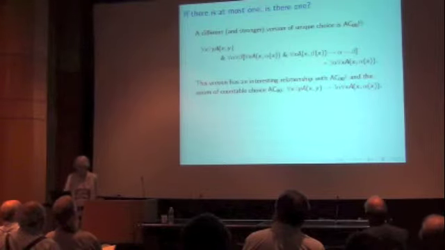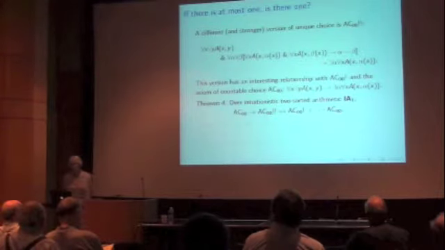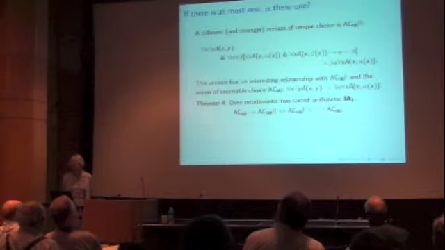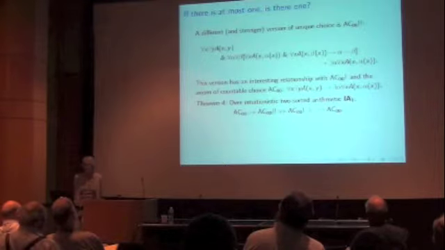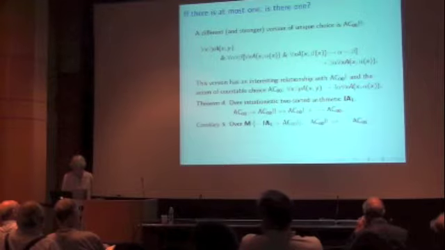This version is actually intermediate between countable choice and unique choice. In fact, over intuitionistic two-sorted arithmetic, I think corollary 5 says it better.